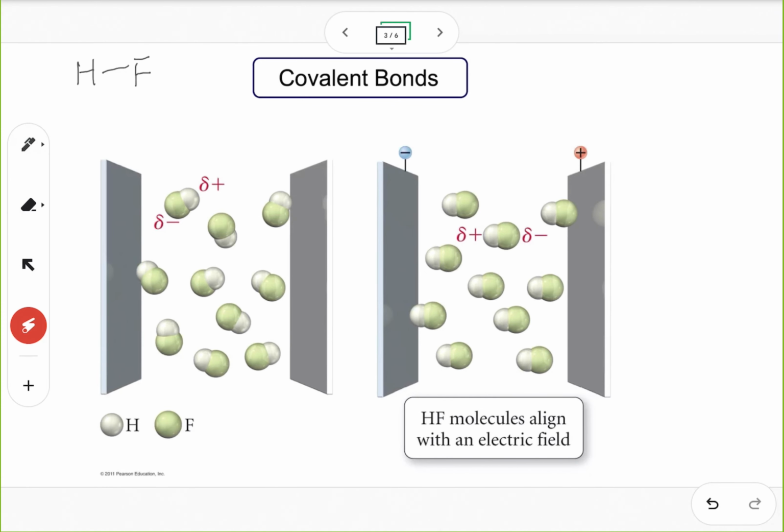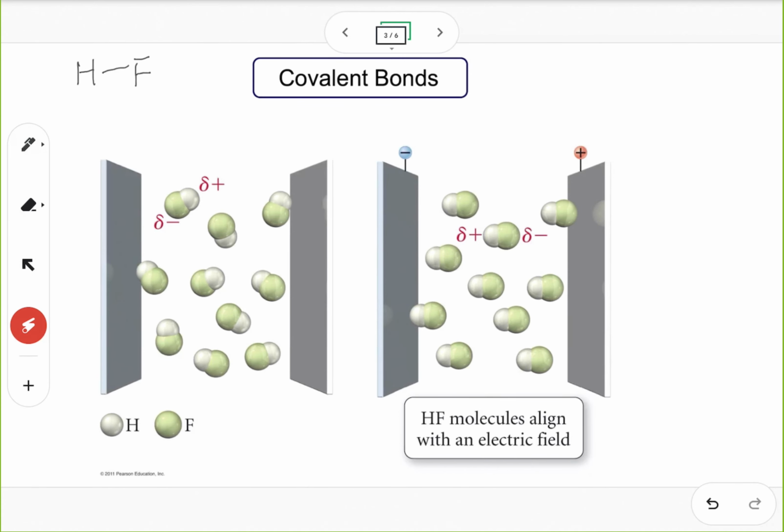Then particularly which side of the HF molecule is negative, which side is positive? Well, if you remember the octet rule and duet rule, okay, fluorine likes electrons because it wants to get electrons to satisfy the octet rule. And hydrogen wants to get electrons to satisfy the duet rule. Unfortunately, fluorine has a better attractive force towards the electrons.